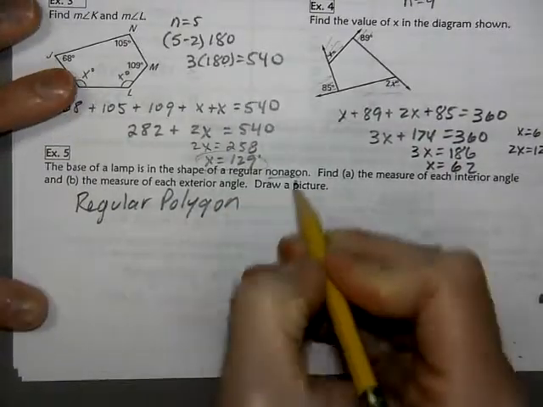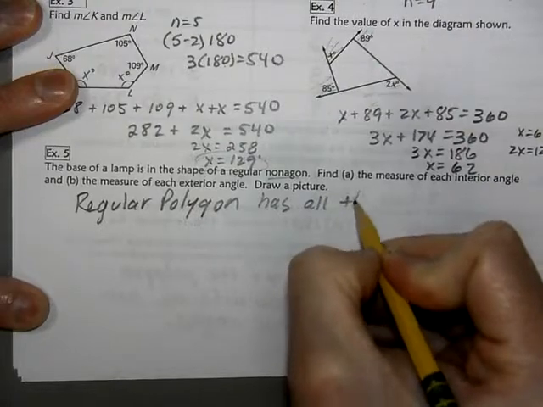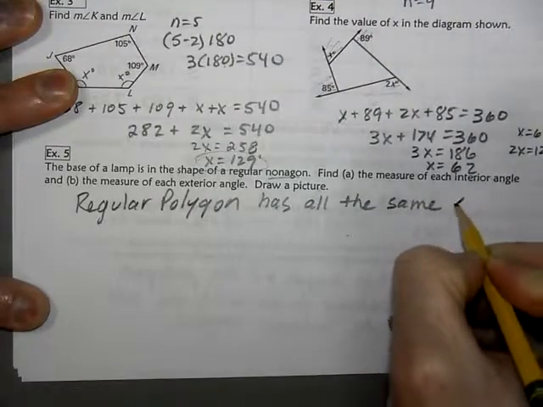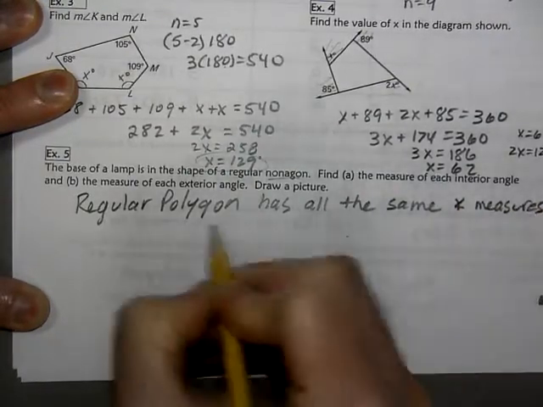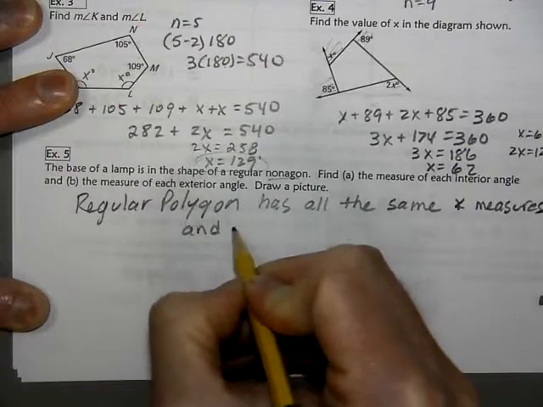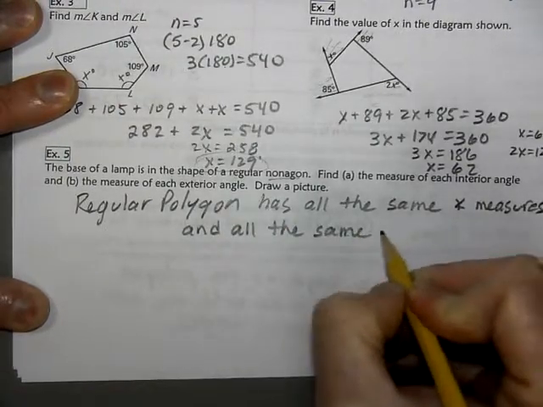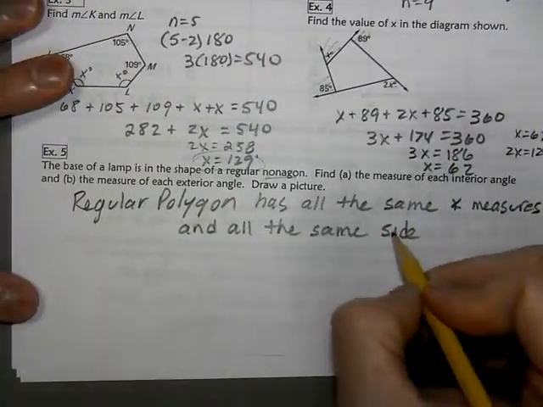A regular polygon has all the same angle measures and all the same side lengths.